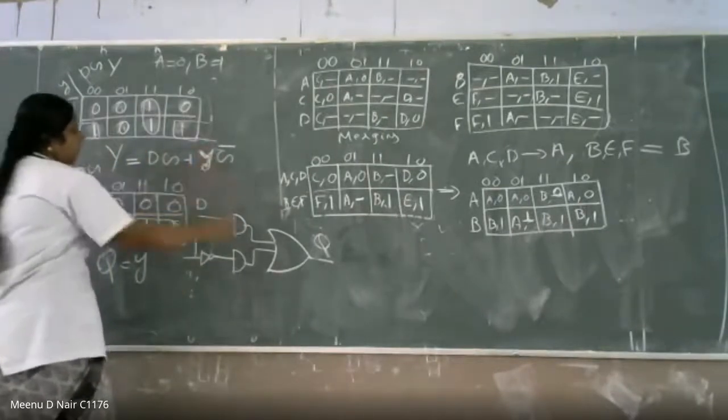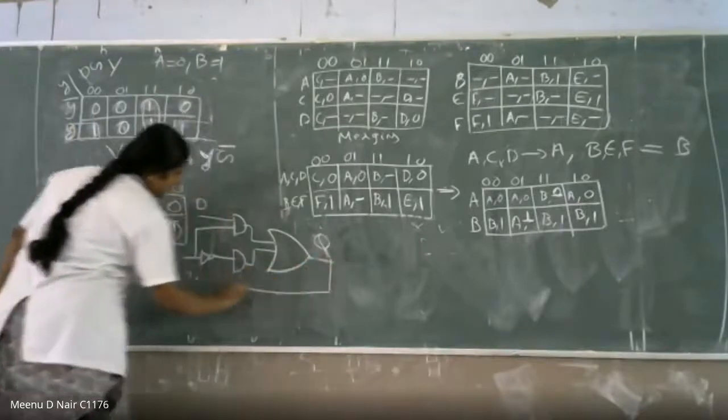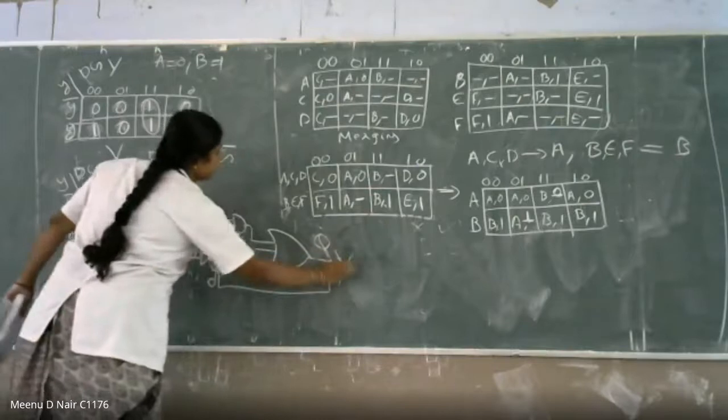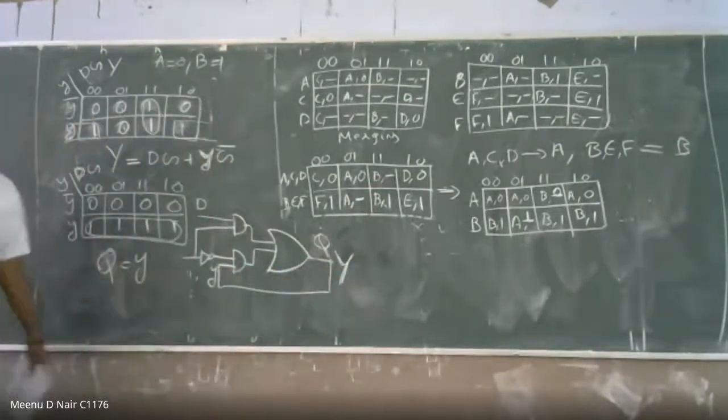This is small y. This is small y, this is capital Y. This is the output circuit.